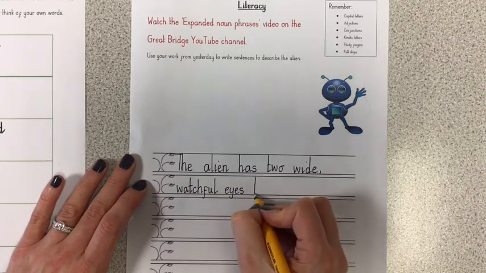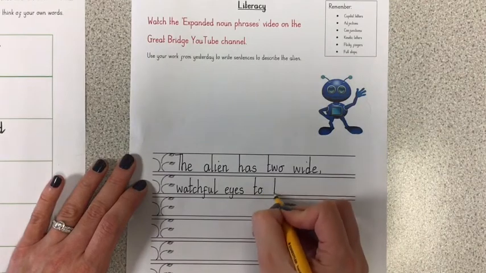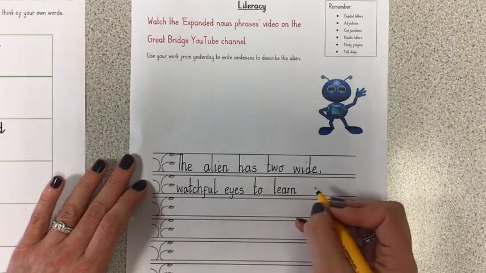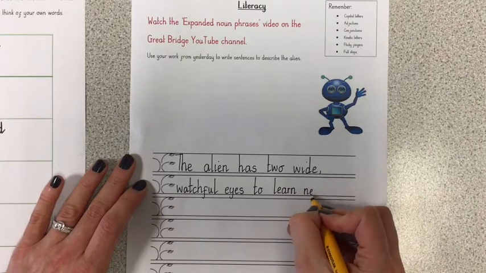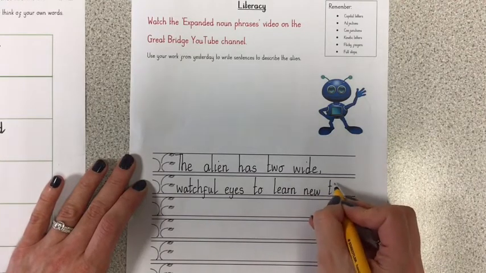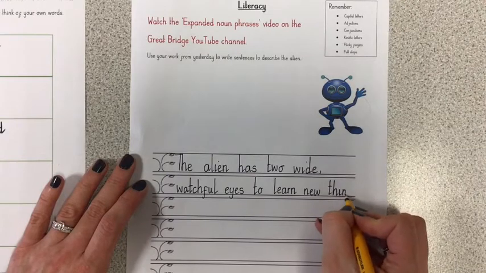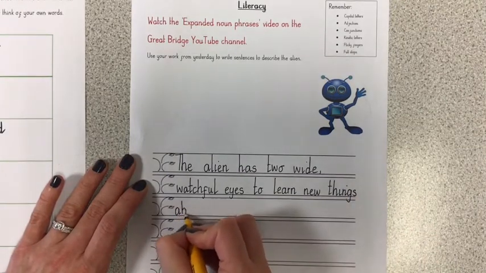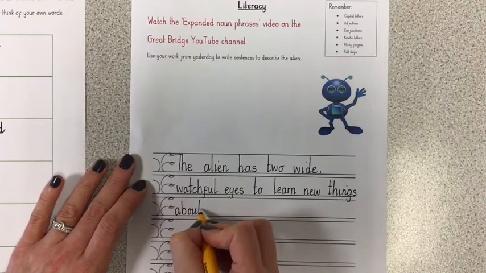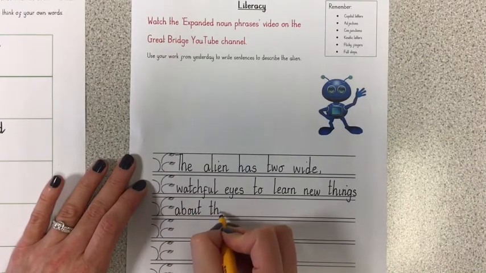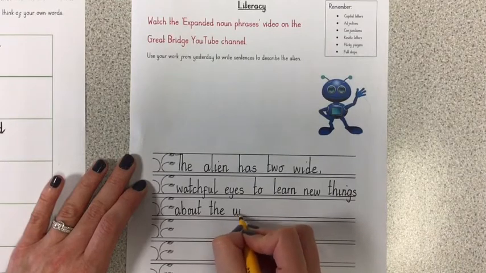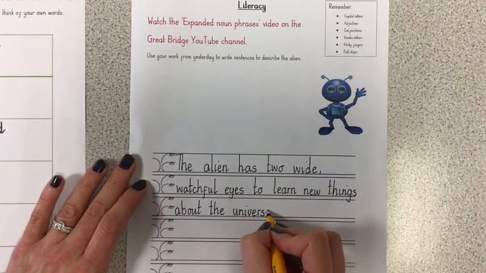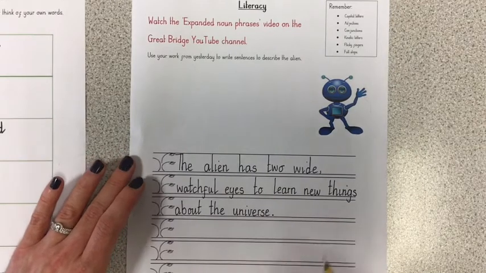Here's my conjunction, to learn new things about the universe. Don't worry about getting your spellings perfectly correct. As long as you're using your phonics to sound them out, that's fine. Full stop at the end.